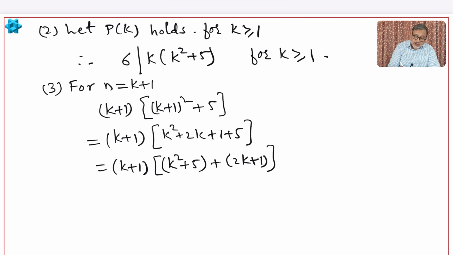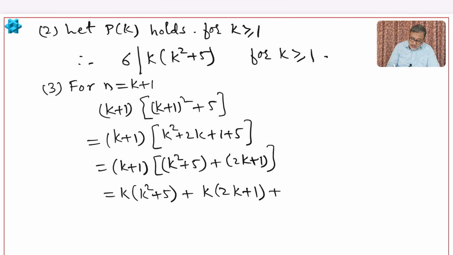Okay, so I am going to write k into (k² + 5) plus k into (2k + 1), and then by 1 also I will open. So by 1 when I open, it will remain (k² + 5) plus (2k + 1), the whole thing, right?